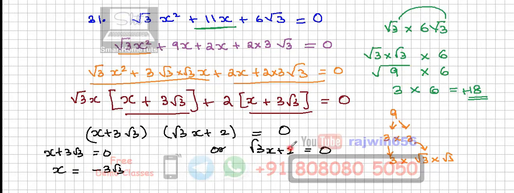I'll bring this 2 over here. So root 3x is equal to minus 2, and then x is equal to minus 2 divided by root 3. These are the factors of x. You will take down the sum. This is our solution set.